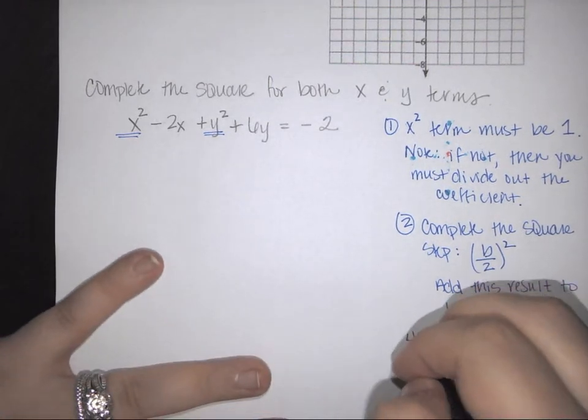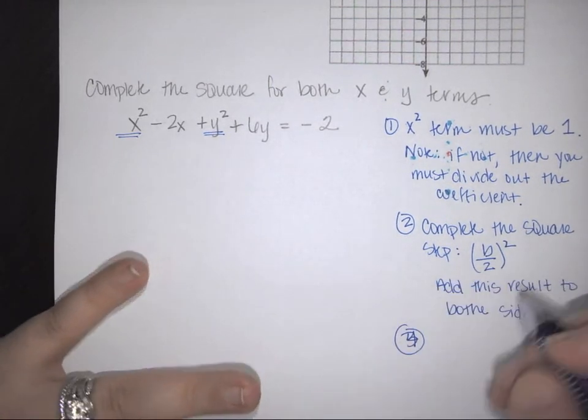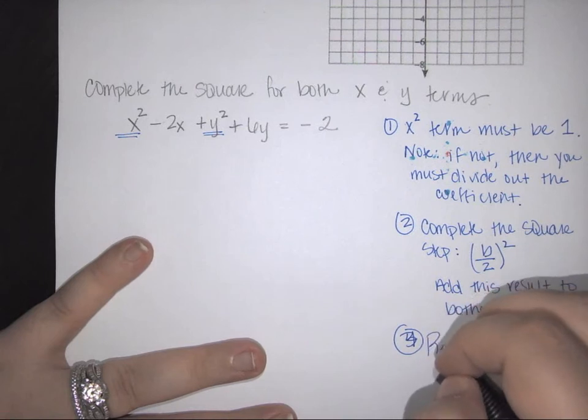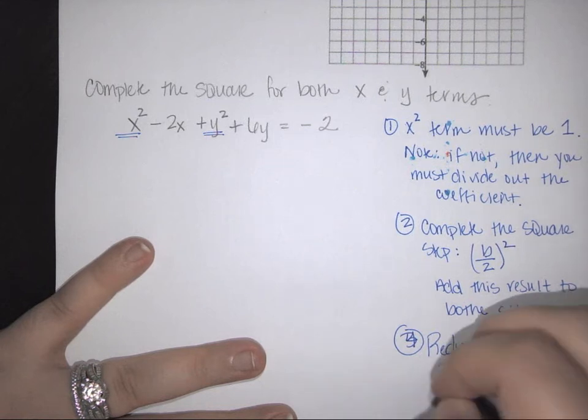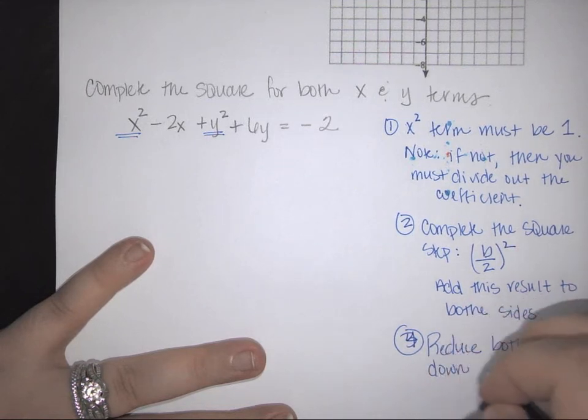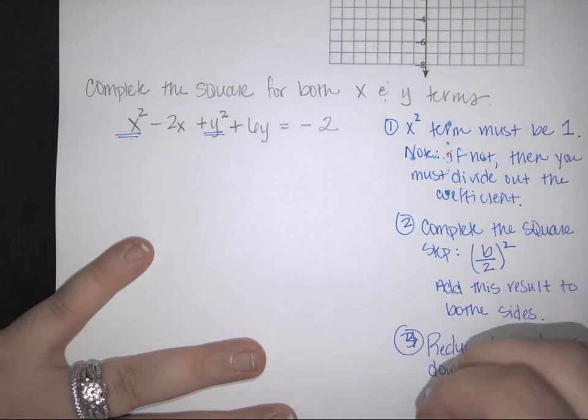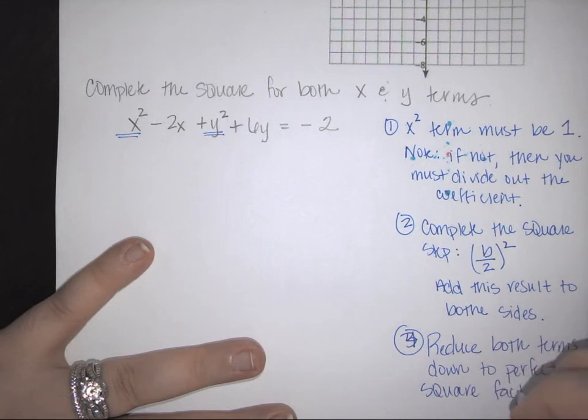Once you do that, your third step is that you're going to reduce both terms down to the perfect square factor.